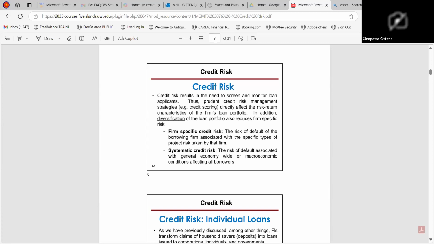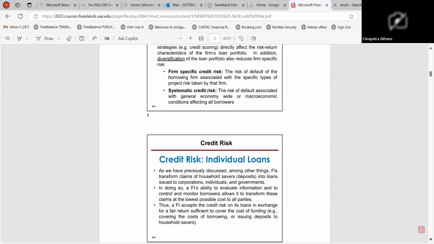Now, when we look at credit risk with regard to individual loans, the financial institution will take our deposits and then it gives loans to corporations, it gives loans to other individuals, it gives loans to governments, right?